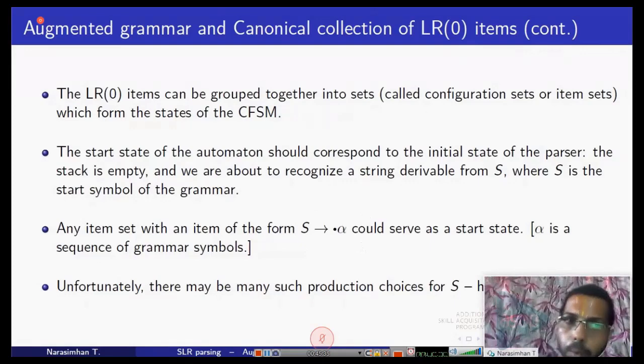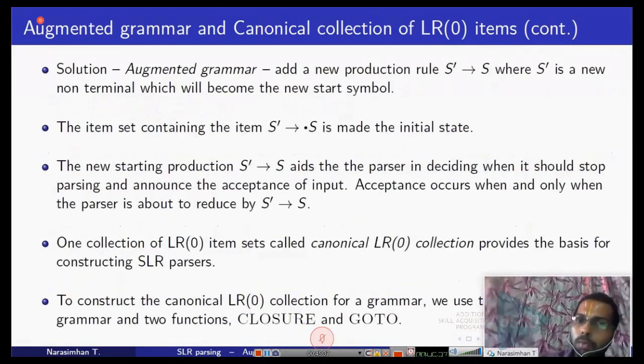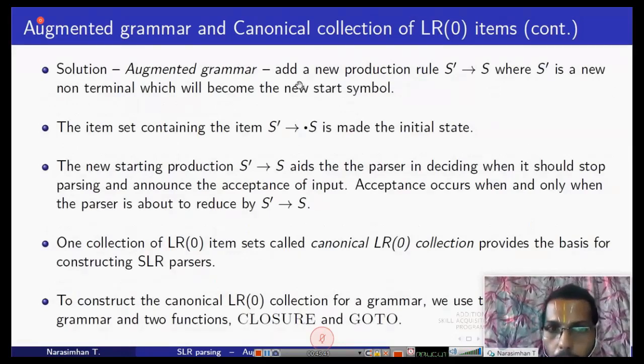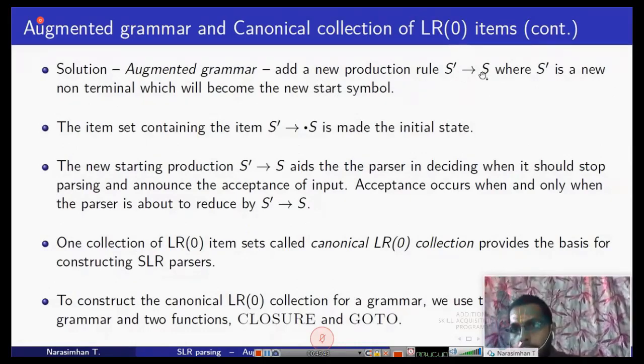So what you can do is go for the concept of augmented grammar. Augmented grammar is nothing but, to the grammar given to you, you add a new production S dash gives S, where S dash is the new start symbol and S is the start symbol of the existing grammar. This is known as the new starting production.